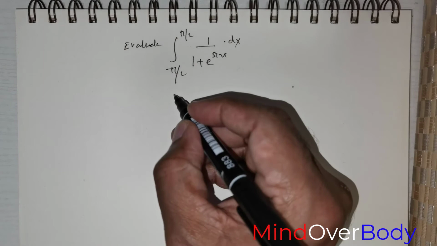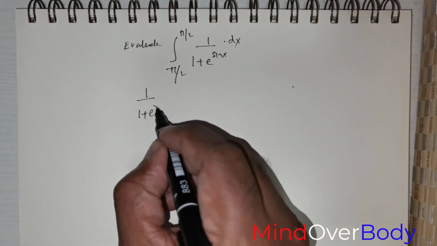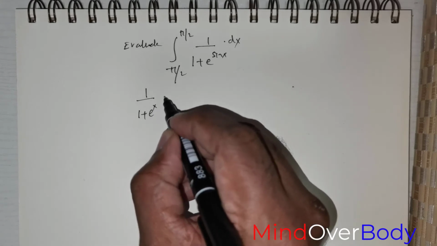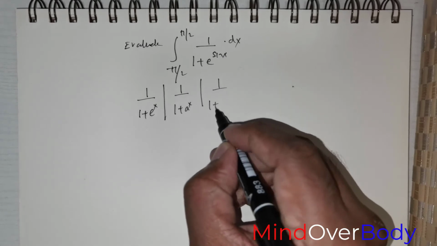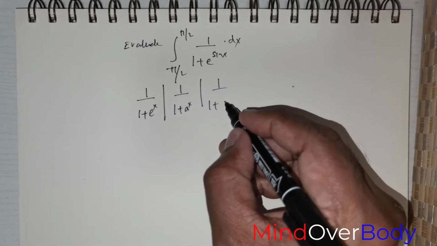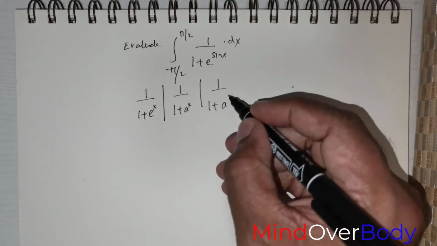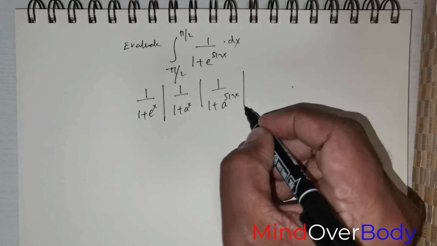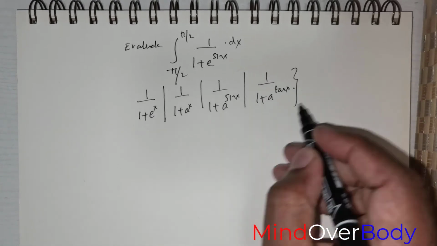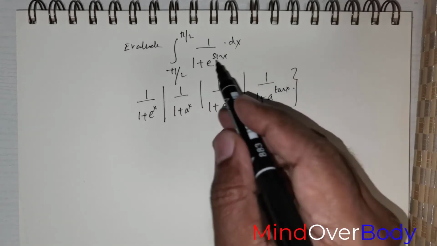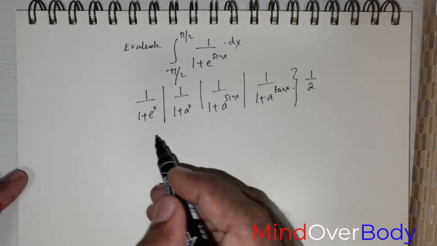As you would have remembered, I had clearly mentioned whenever you have a type of this fashion, 1 over 1 plus e raised to the power of x, or 1 over 1 plus a raised to the power of x, in fact, I mentioned in the previous question 2 raised to the power of sin x. So it can be any constant raised to the power of sin x, and simultaneously any constant raised to the power of tan x. In all these cases you can clearly get rid of this quantity and multiply the integrand with 1 over 2. That is exactly what I'm going to do.